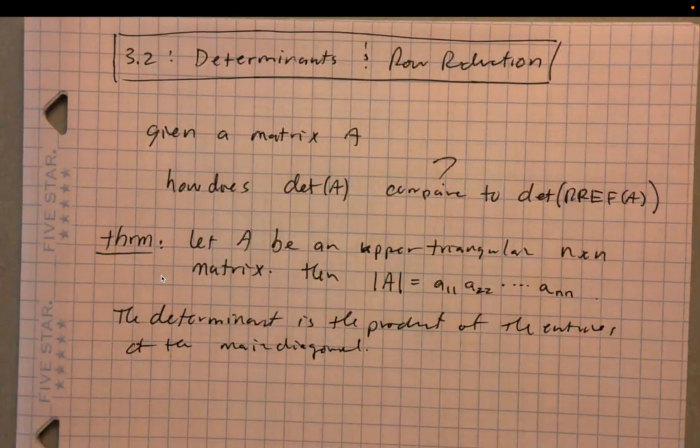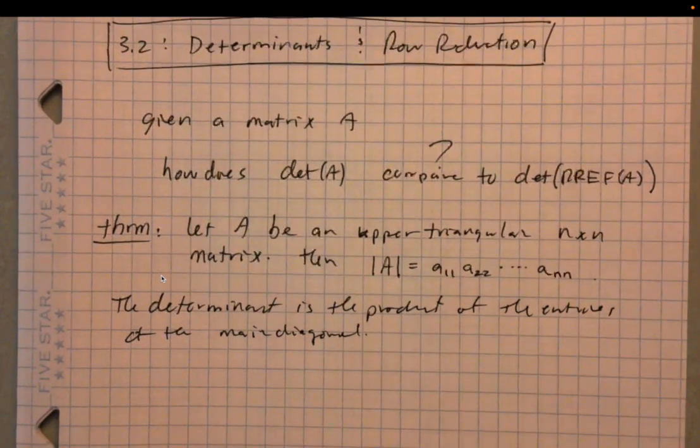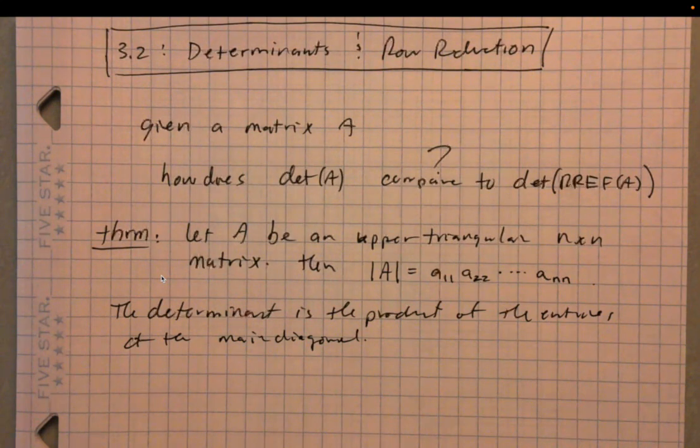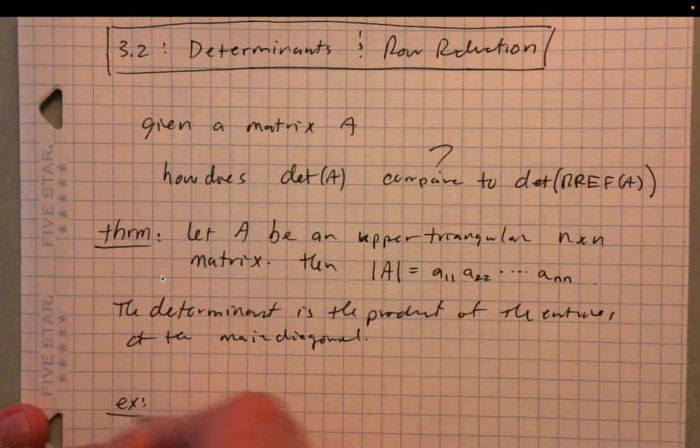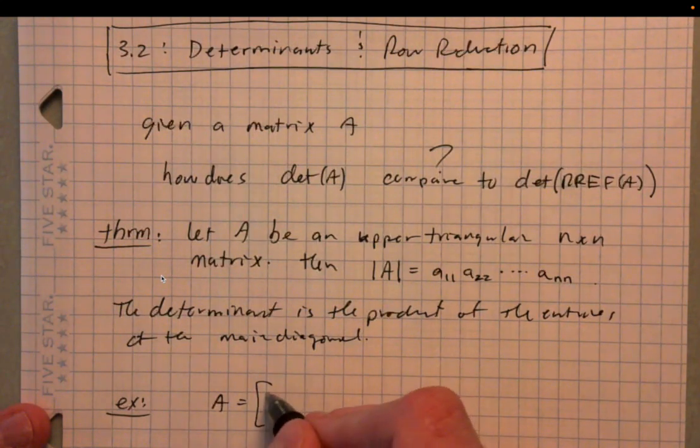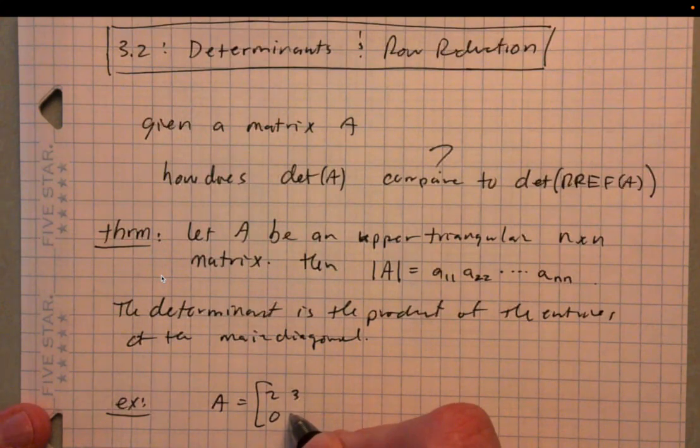Now notice this is just for an upper triangular matrix. This is not for any old matrix, obviously. Otherwise, we would have never defined the determinant as we did. But let's see an example. Let A equal the matrix 2, 3, 0, 1.